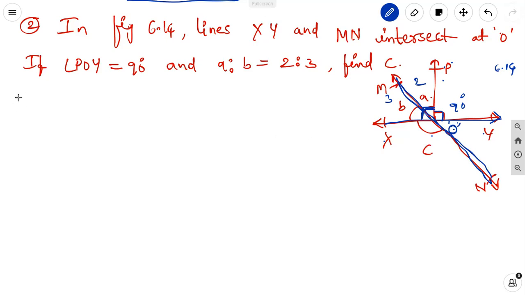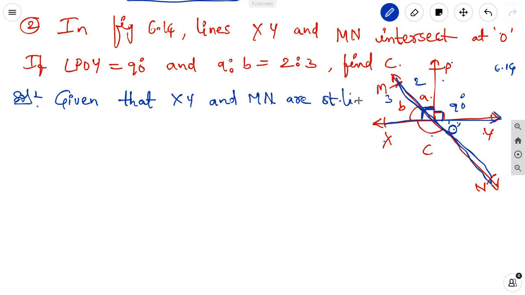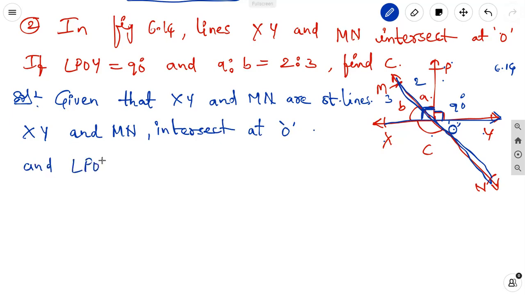Okay, here first what they have given: XY and MN are straight lines. XY and MN intersect at O. And given that angle POY is equal to 90 degrees.